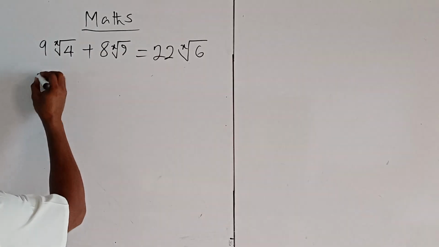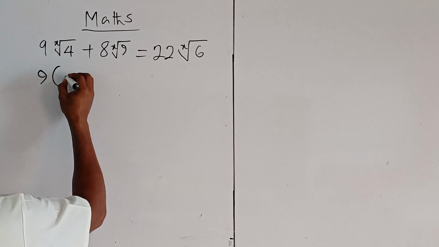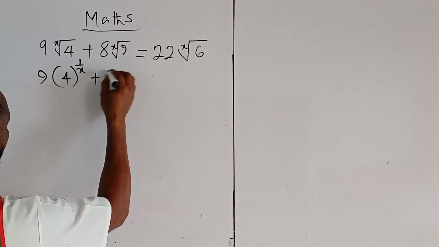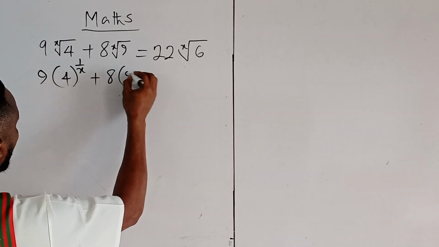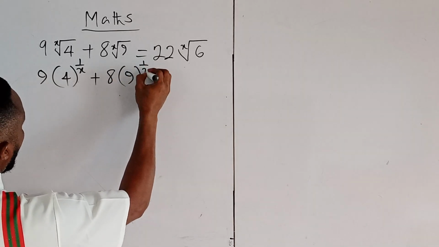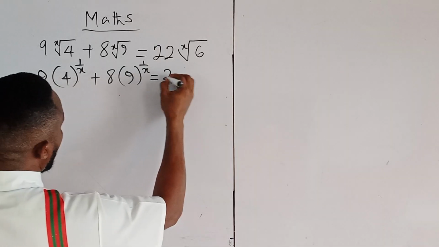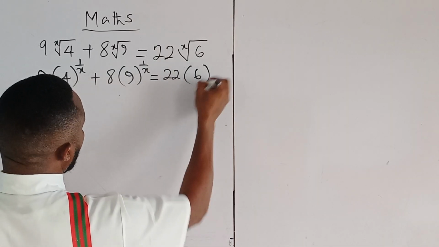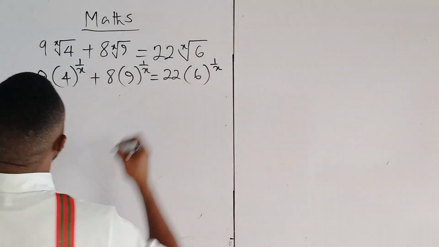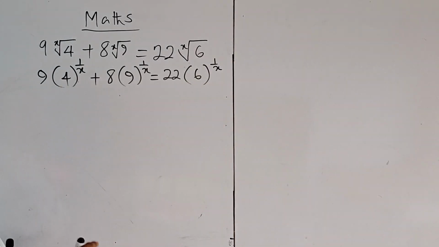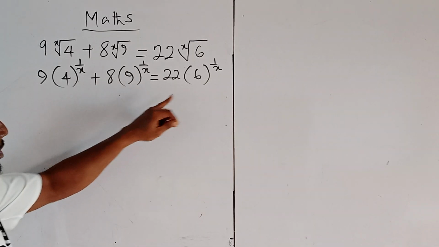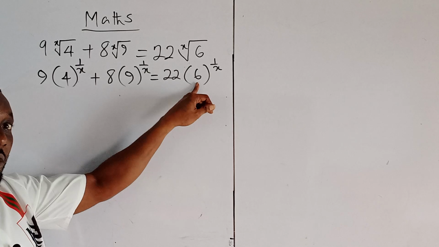So I'm going to be having 9 multiply 4 to the 1 on x plus 8 multiply 9 to the 1 on x equals 22 multiply 6 to the 1 on x. Now, 4 is 2 squared, 9 is 3 squared, then 6 is 2 multiply 3.